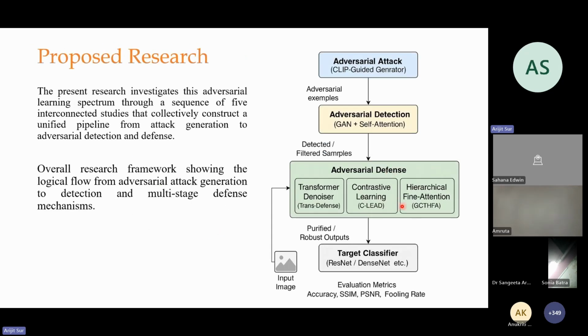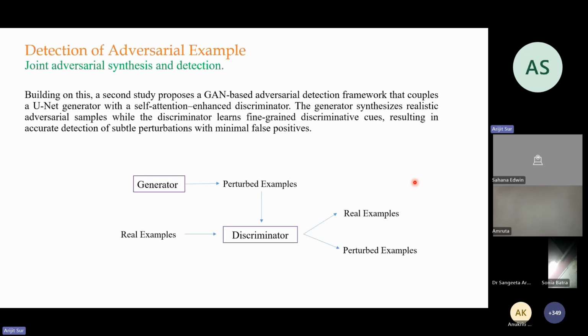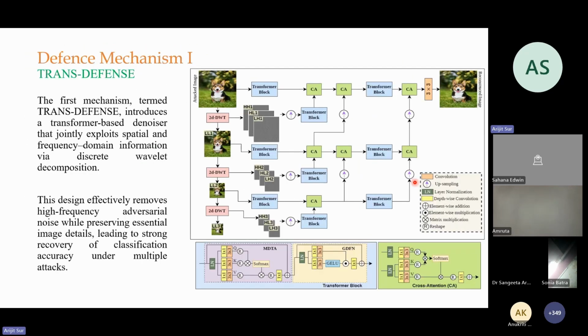Now another adversarial defense; we can do a lot of things on defense mechanisms. Here, given an attacked image, can we get back the denoised image?